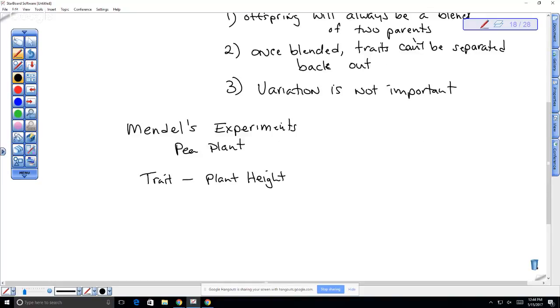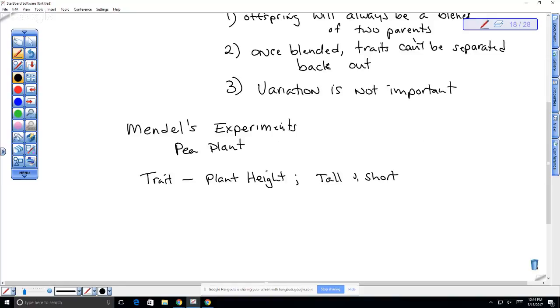Okay, and the plant height in pea plants that he was looking at was tall and short. So some of his pea plants were tall and some of his pea plants were short.